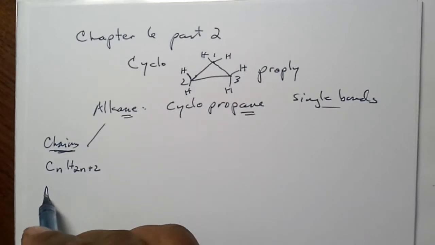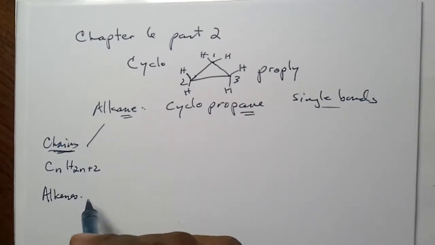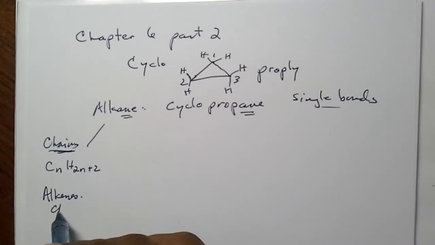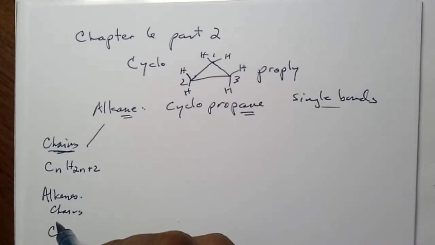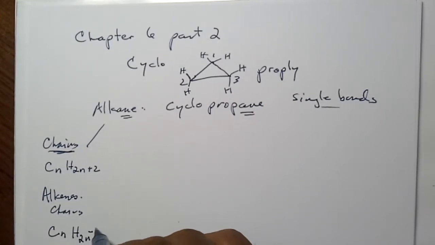However, with alkenes, if we're looking at the chains, what is the designation? CnH2n minus 2. Right.